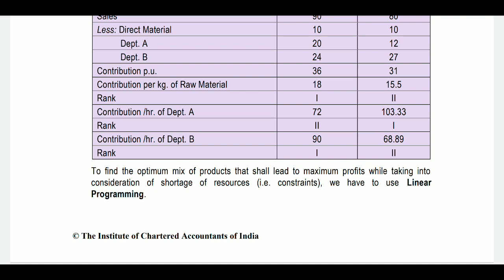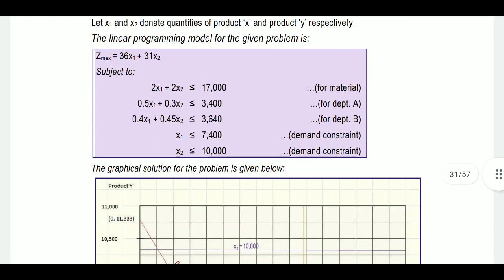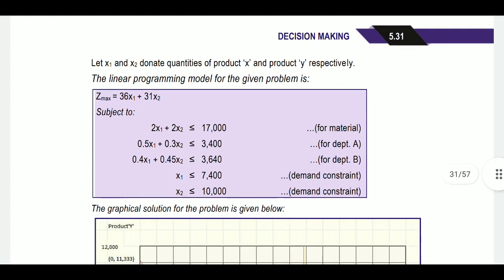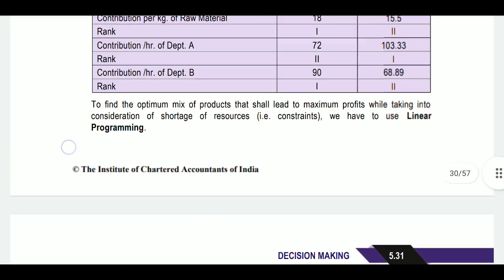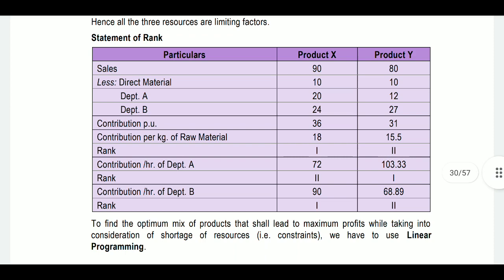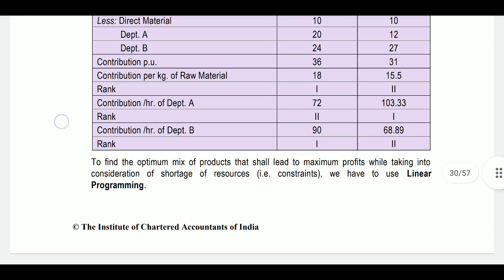Here we have only 2 products, so we will go for the linear program and calculate based on it. The objective function is based on contribution: 36 plus 31.